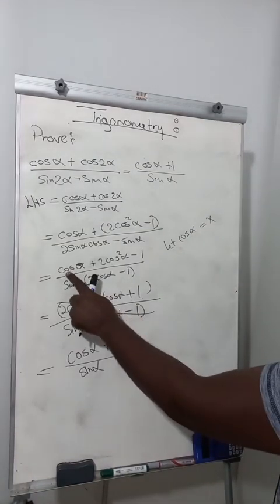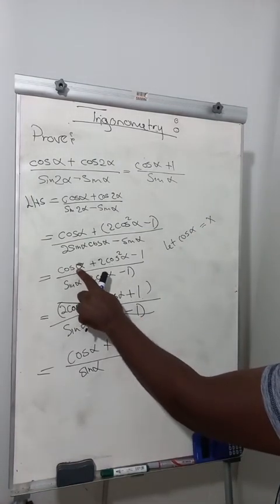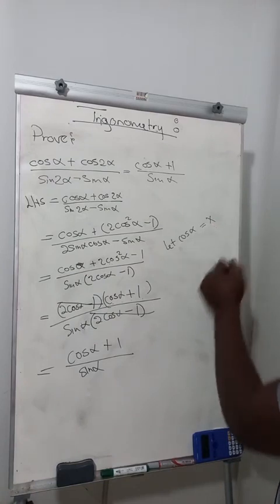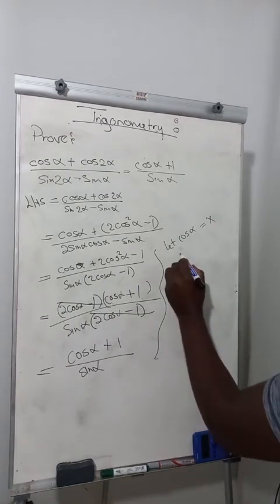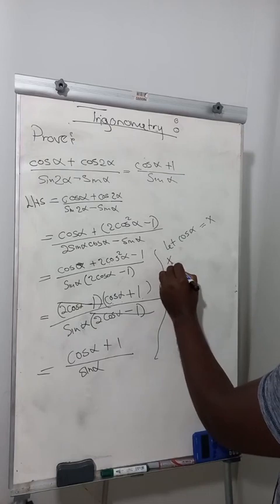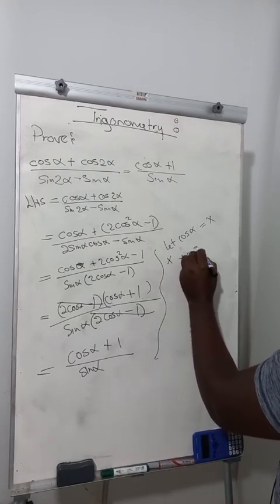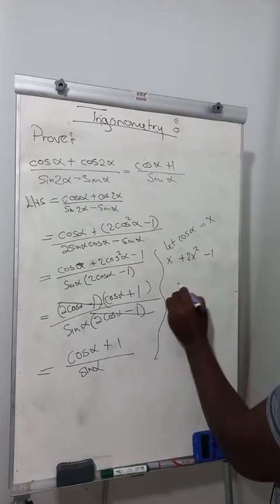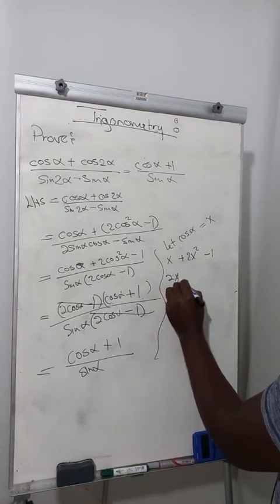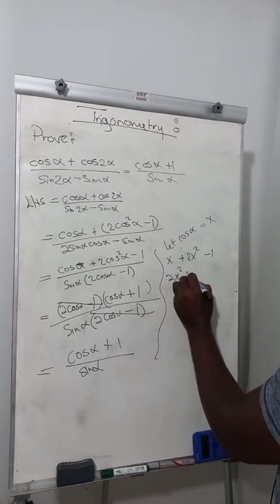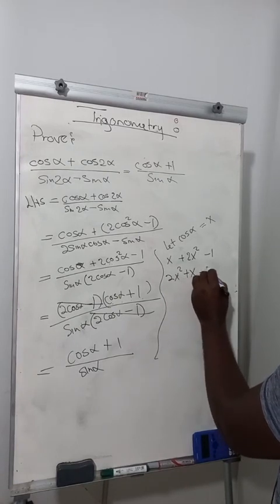So wherever there is cos alpha, replace it with an x. So you'll have x plus 2x squared, then minus 1. So you'll have 2x squared plus x minus 1.